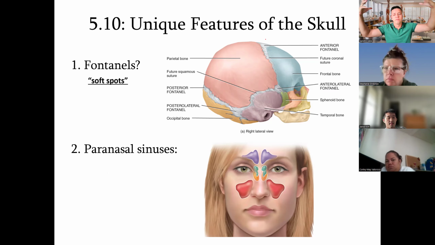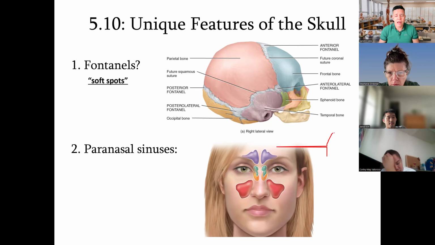And what is the purpose of this? The purpose of the fontanelles is actually double. One of them is to allow that big-headed baby to pass through the birth canal. As the baby is passing through the birth canal, that fontanelle and the skull will deform. I don't know if you guys have ever seen a newborn baby that was delivered through vaginal delivery, and oftentimes they have a little cone head.